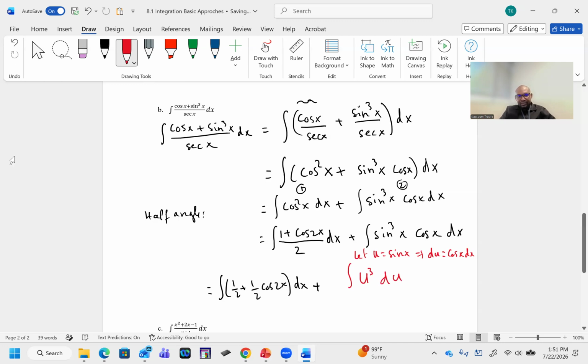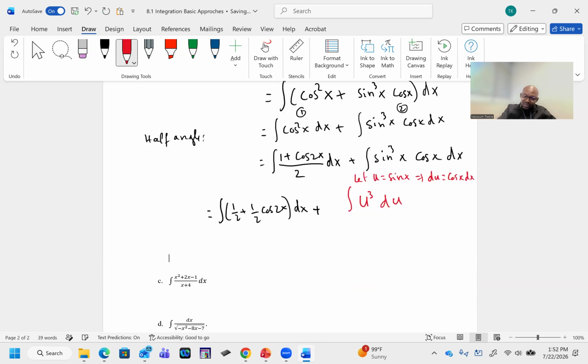And now we are going to go ahead and integrate both. So we will get what? This will be 1/2 x, right? The antiderivative of cosine of 2x is what? 1/2 sine of 2x, and 1/2 times this 1/2 will be 1/4.